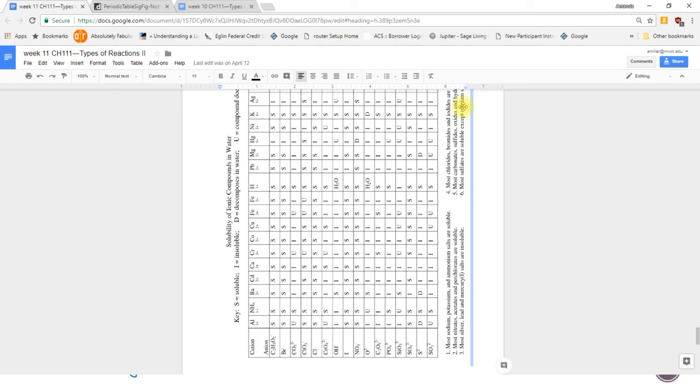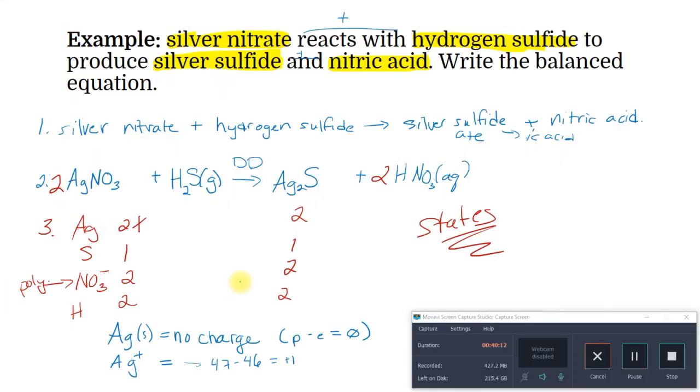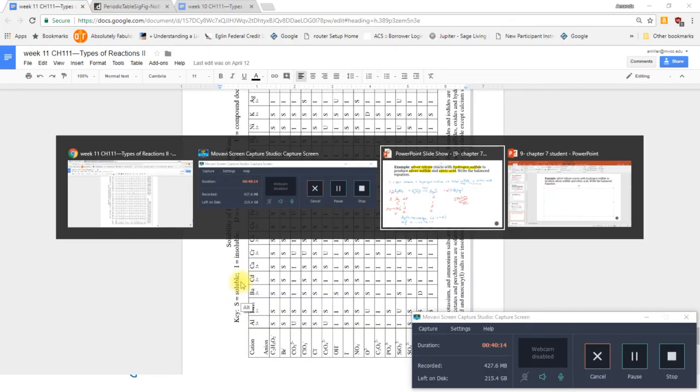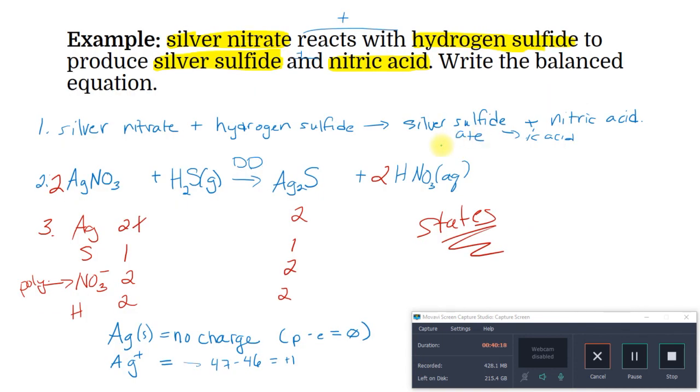So here's our nitrate column, and silver's all the way over here. And it says S, and S says soluble. So soluble means that it dissolves in water. Okay, so every time it says S, that does not mean we write solid here. What we're going to do is write AQ. Soluble means dissolves in water.